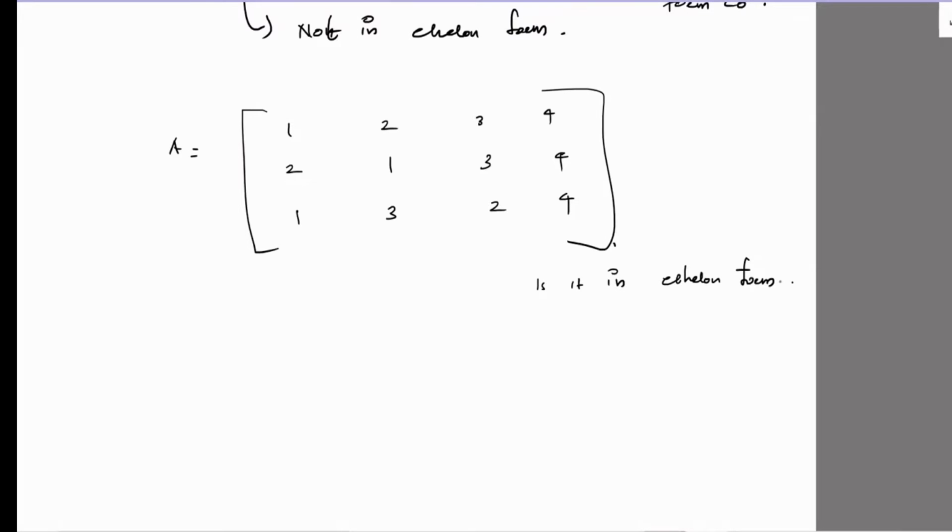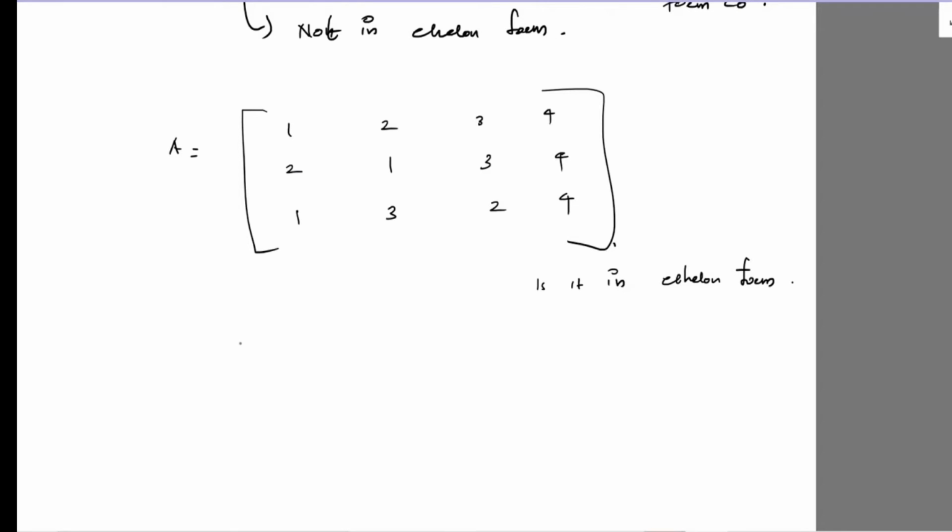Because there are no zeros, and the leading coefficients are all the same. What about the first condition? We don't need to check the first condition because there is no zero row. We need to check the first condition only when there is a zero row. Here the given matrix doesn't have a zero row, so we need to check only the second condition.